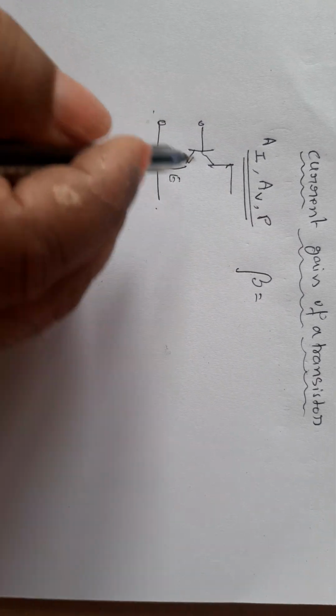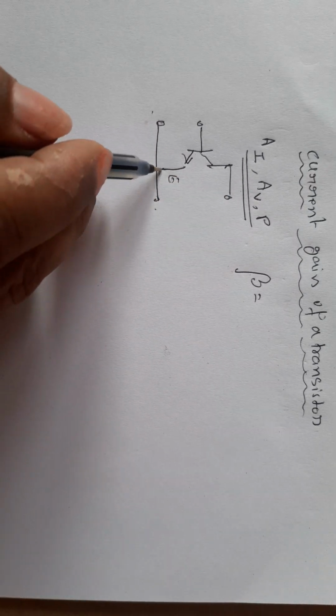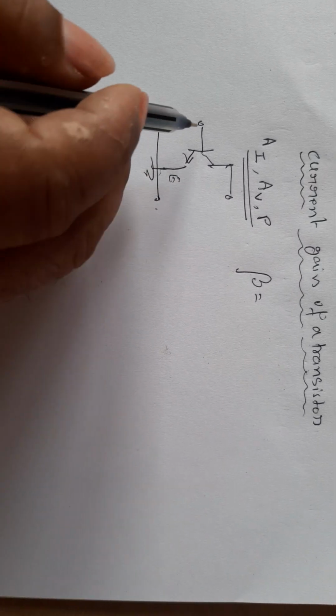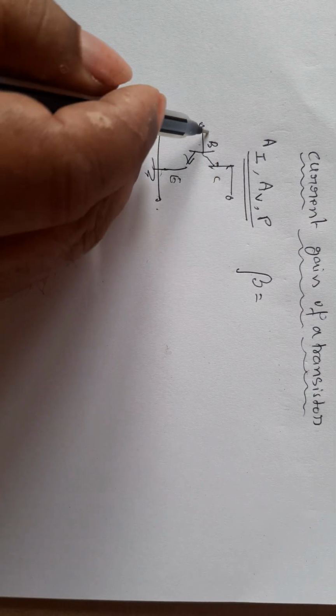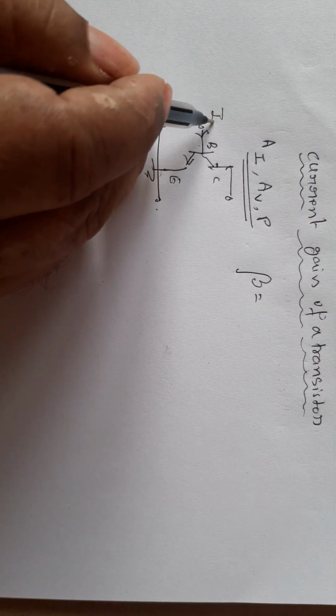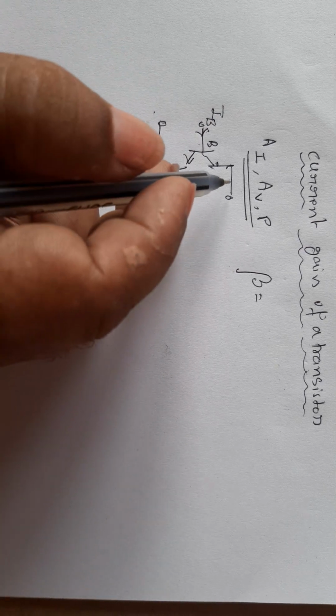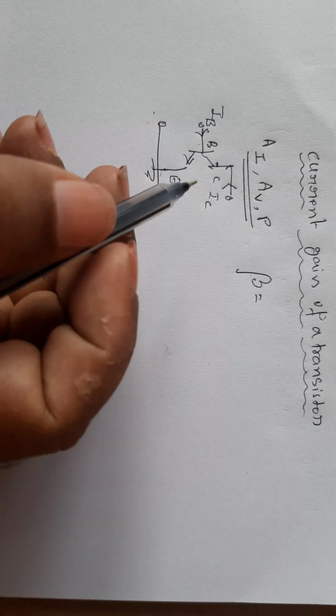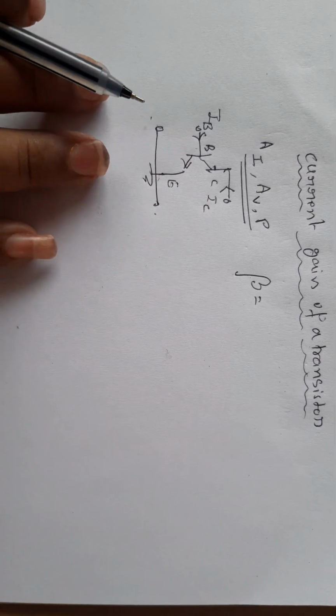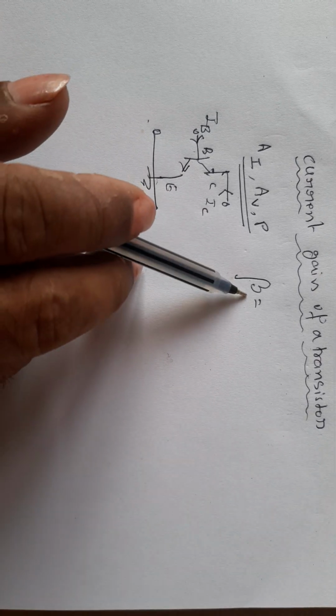This is our input and this is our output. Now, this is the base and this is the collector. Let IB be the base current, so that IC is the collector current.